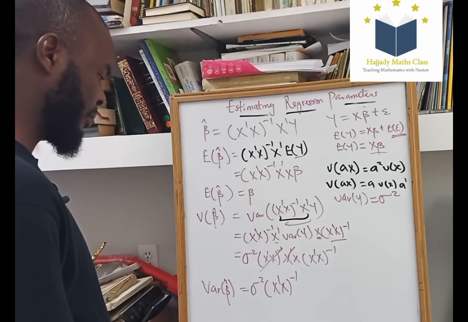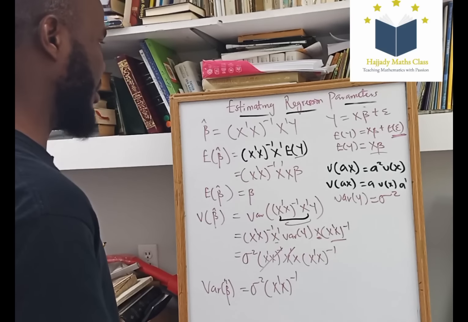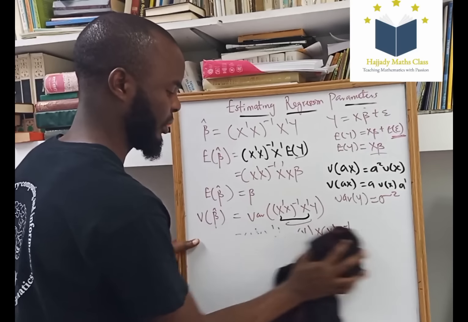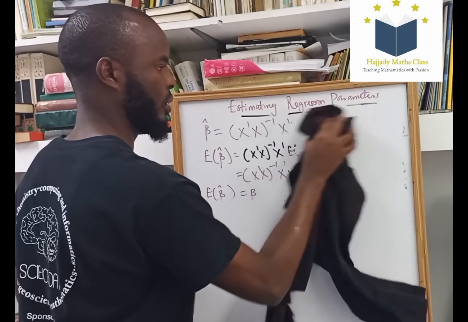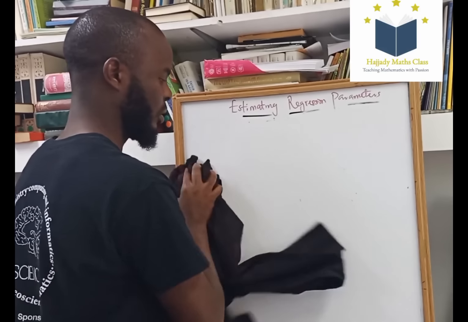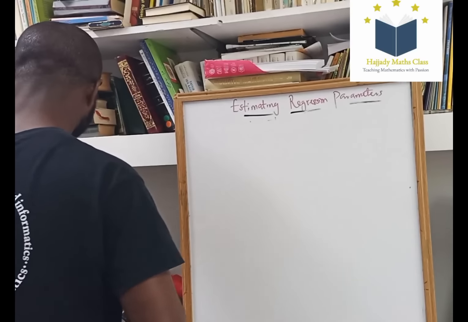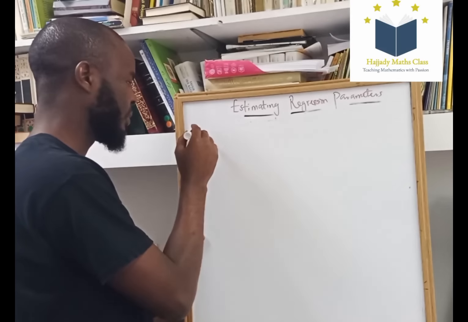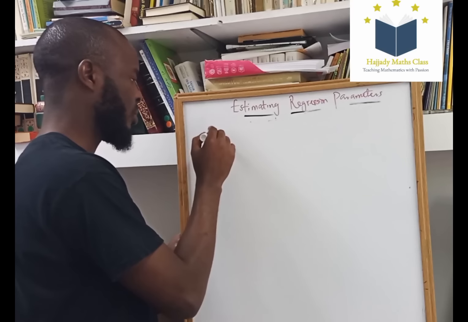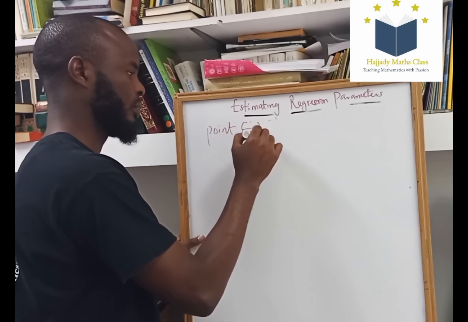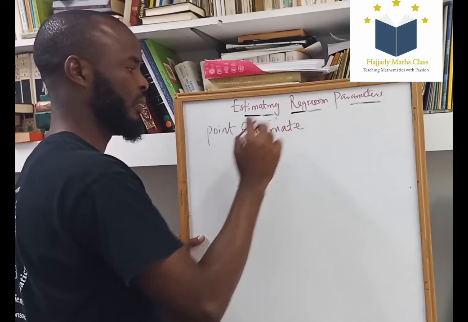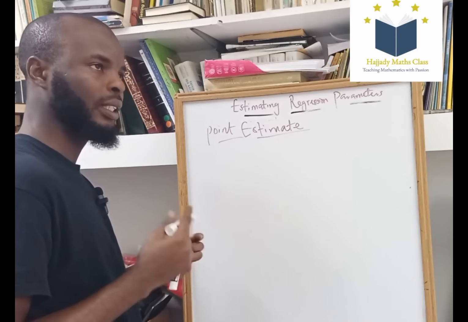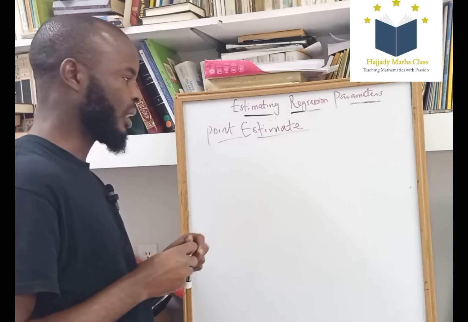So that's the second thing I'm going to do. And lastly is looking at the point estimate of our parameter beta. For the point estimate, the rule is that you have the parameter you want to take.